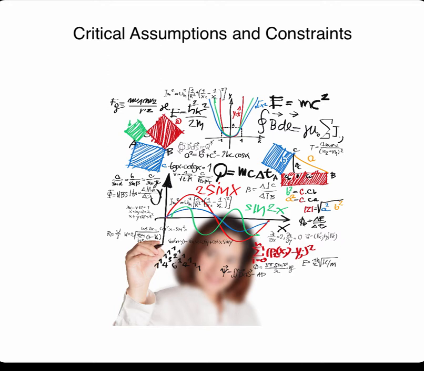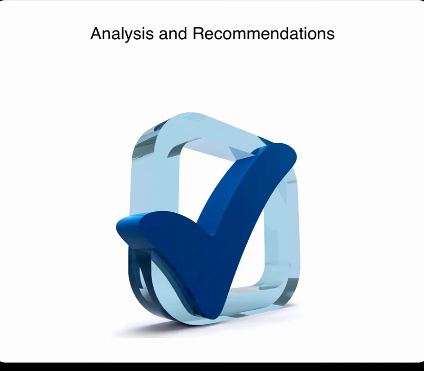Now you're going to have an analysis of the options and make recommendations for your project. So now that you've documented your current situation and problem or opportunity, and have established your critical assumptions and constraints, you can now analyze this information and then make a recommendation at what level you should proceed with your project.